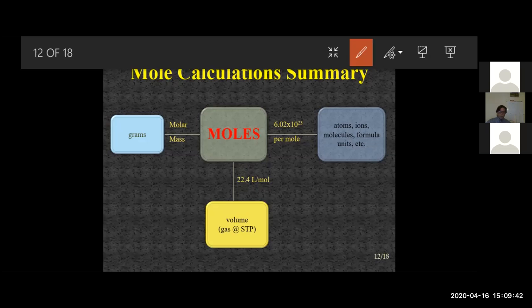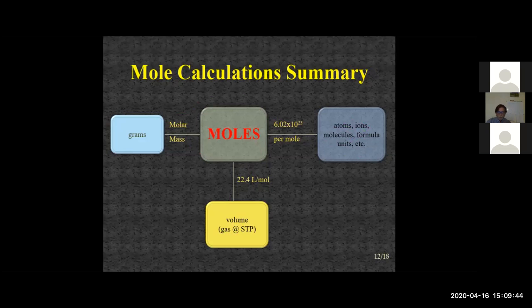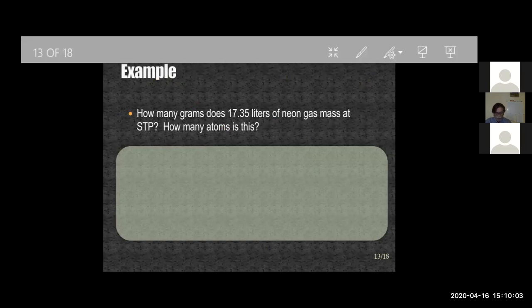So, for example, let's catch up here. The question says, how many grams does 17.35 liters of neon gas mass at STP? Okay, well, let's pick up the main points here.